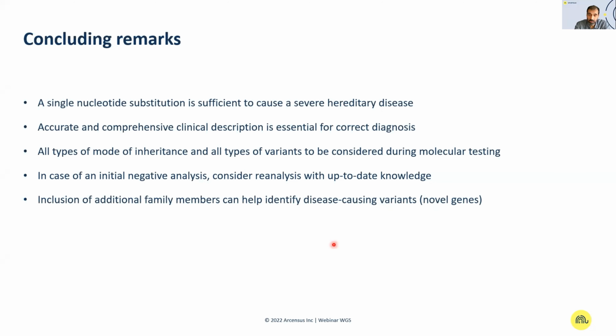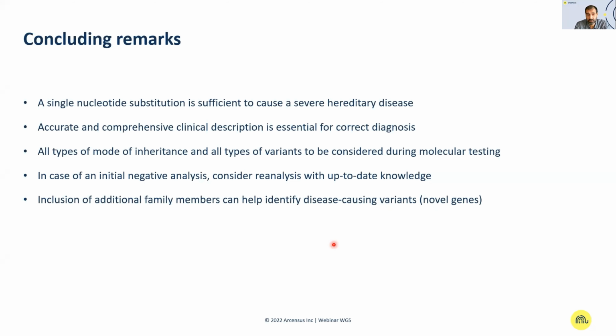It can happen that you may have different diseases present in a single individual. And therefore, the more accurate the description of the phenotype, the better it is to diagnose a patient. And also always consider different modes of inheritance in case the disease-causing variant is not identified in the first place.